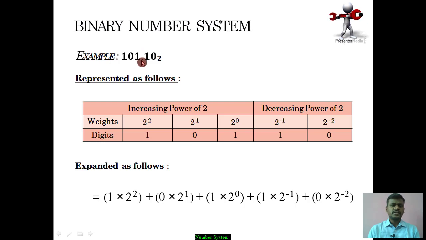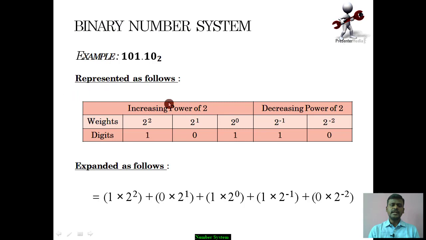After the fractional point, we assign negative powers: for 1 it is 2 raised to -1, and for 0 it is 2 raised to -2. So we are ready with the table.